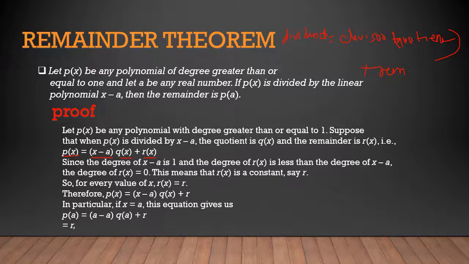So p(x) can be written as (x minus a) into q(x) plus r(x). Let's say x equal to a, then x minus a becomes 0, so this whole term becomes 0 and only r will be present. So p(a) equal to r.